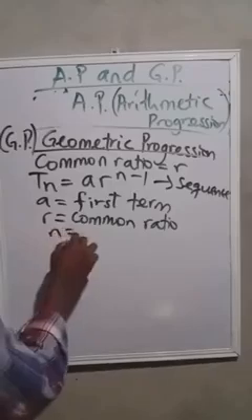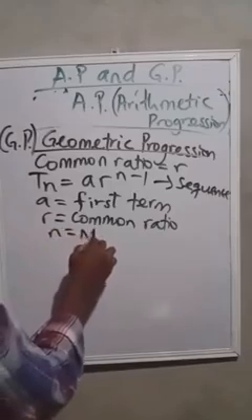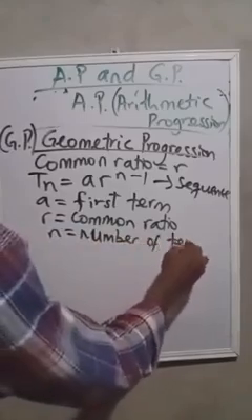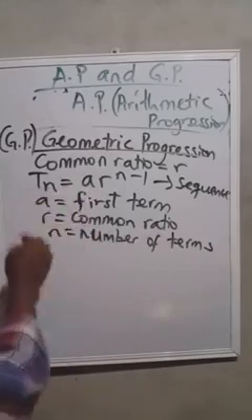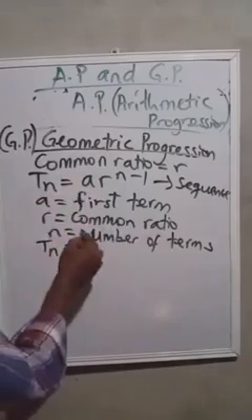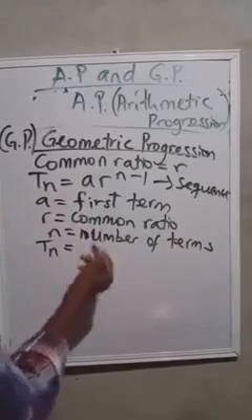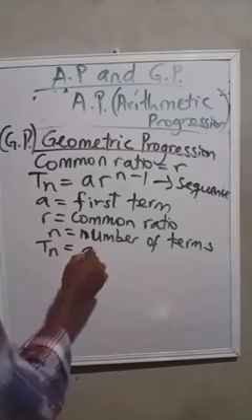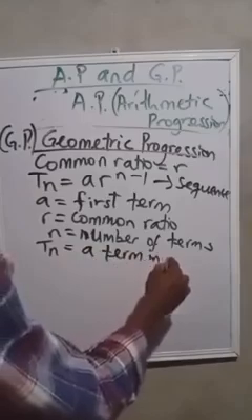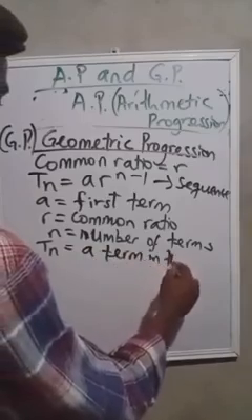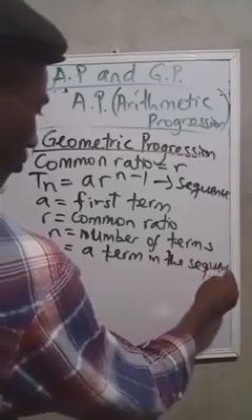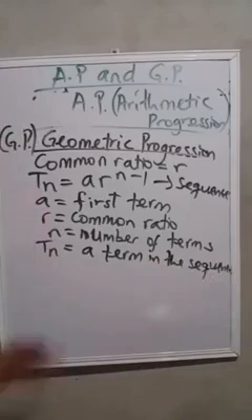N is the number of terms, and Tn is a particular term in the sequence. So that is the breakdown of everything that you see here.